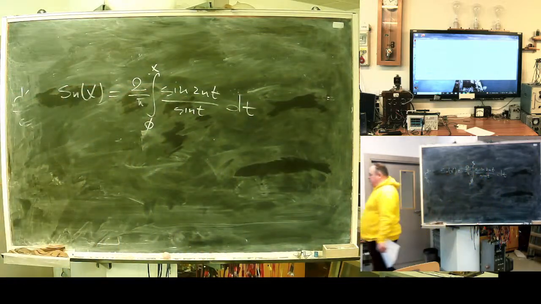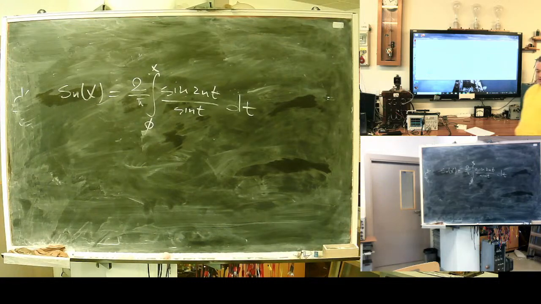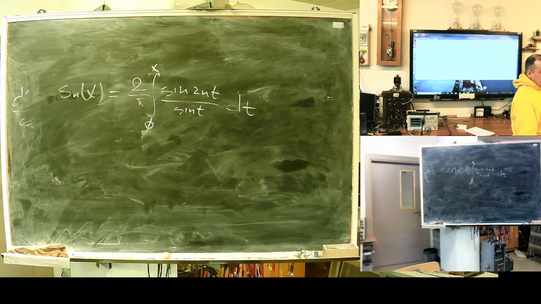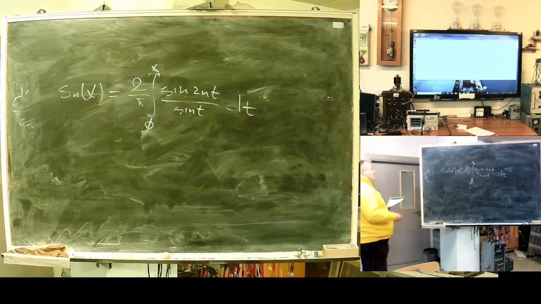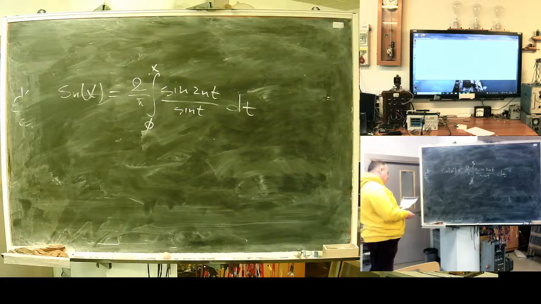t is actually a variable. I can rewrite my blue line as an integration of its derivative. Since I knew the derivative is sine 2nx divided by sine x, I just use the auxiliary variable t. Now, what about extremal points?